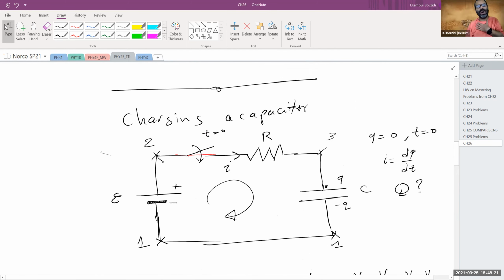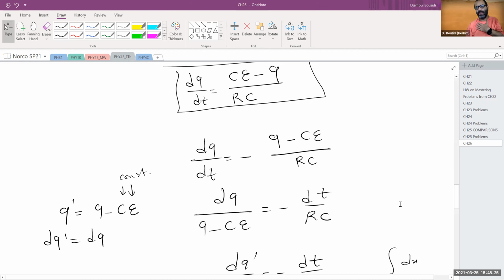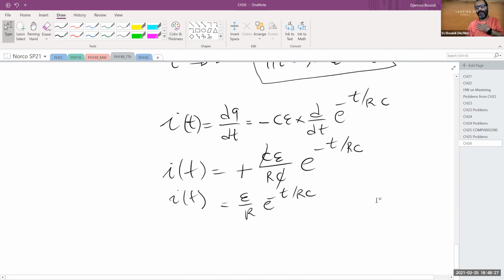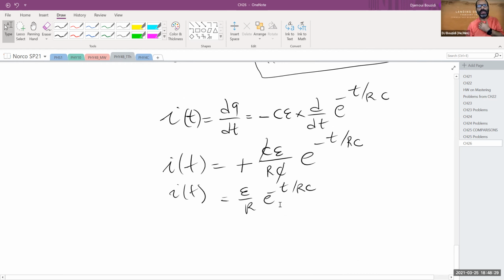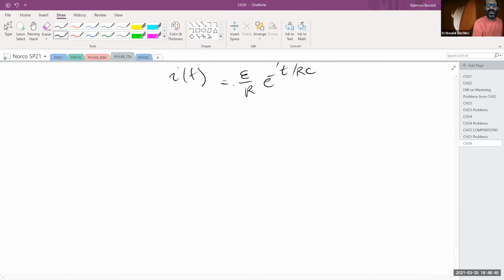So at the end, when this is fully charged, which is infinity, the current should be 0, because the exponential of negative infinity is 0. That justifies what we were doing earlier for chapter 25, in a sense, that when these are fully charged, they don't take any more charges. They kill the current that is going through them. So it's like an open circuit, basically. That's all. So let's draw the graph of these functions.